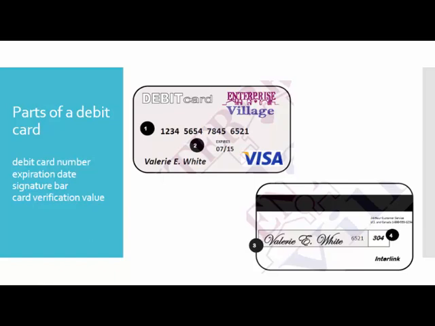So where you see the number 1, that is called your debit card number. And every debit card, every credit card has this number on it. It's a unique, usually 16 digits number that is just for your card. There are no 2 card numbers that are the same.